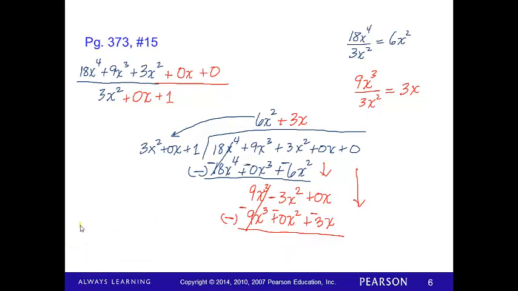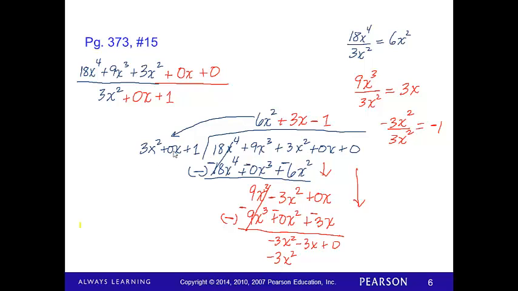And then we're going to repeat it once again. So negative 3x squared divided by 3x squared is going to be negative 1. Negative 1 times 3x squared is negative 3x squared.